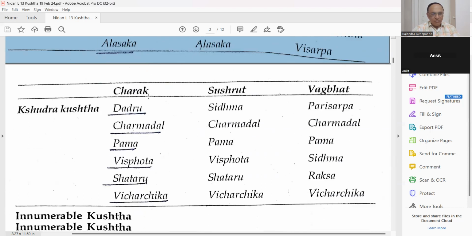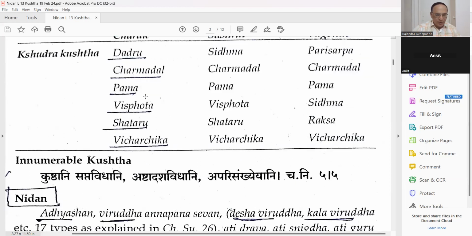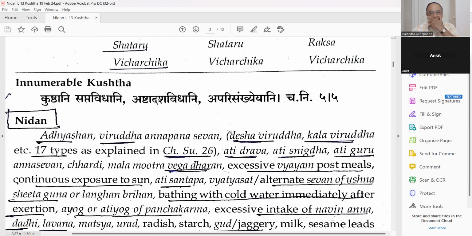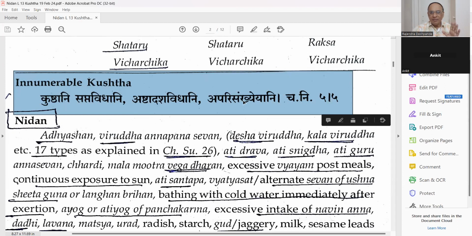Whatever I found very easily, I have given you in the notes, and the rest we will see afterwards. There are actually innumerable Kushtha, many types of skin diseases. But mainly there are Saptavidha and Ashtadashavidha, 7 and 11, 18, and Aparisankhya. This is from the Charaka Nidanasthana. The first answer should be Aparisankhya.